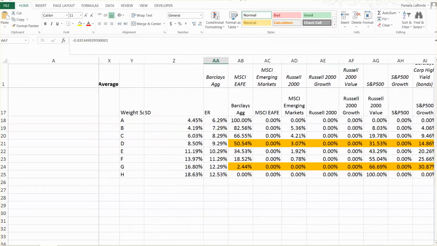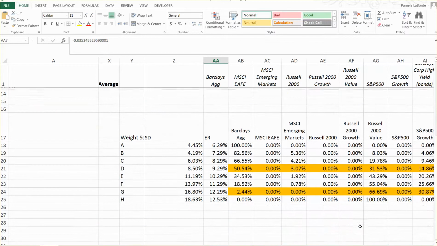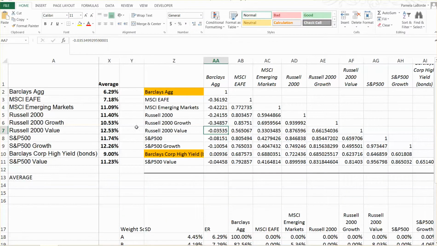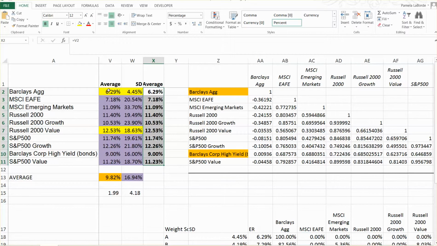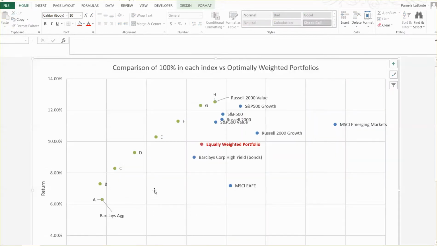I have written some programs in Visual Basic for Applications, VBA, which is a programming language that Excel uses, and I told it to look at the return these different indexes generated, look at how risky these different indexes were, look at how they move with each other, and go through and find a way to weight or combine those different indexes to get risk to be as low as you possibly can without sacrificing return. And that's what these green dots are.